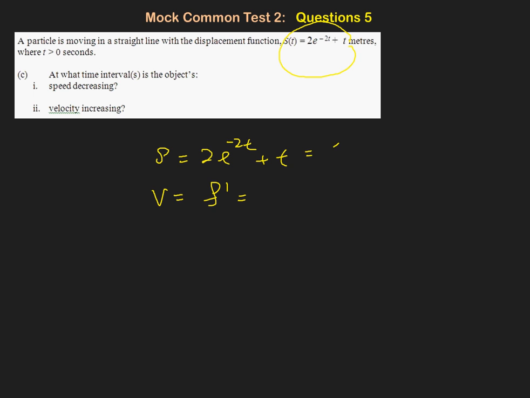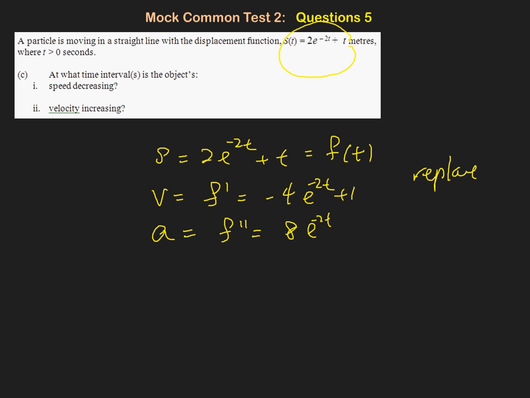If you're careful about this, by just replacing x with t, you get this one, which is negative 4e^(-2t) + 1, and our a is actually f double prime, which is 8e^(-2t). So we actually have the function already, we just replace x with the parameter t, because it normally represents time.